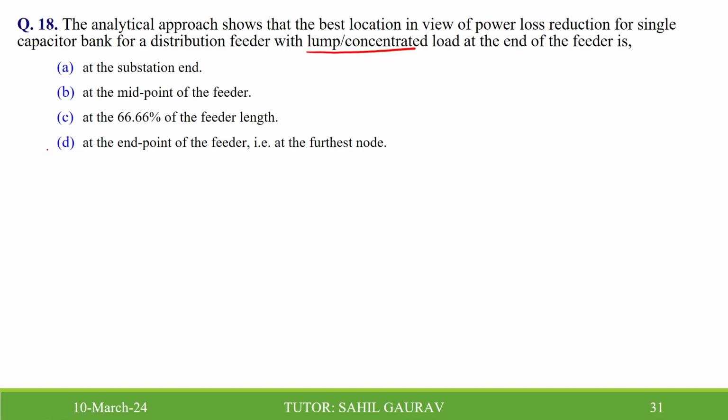Yes, correct. So there is no point. You just apply your common sense, because for lump concentrated load, the reactive power component of current at the sending point and at the receiving point, the last point, are the same. Therefore, this lambda will become 1, and this x1 optimal, we know, is 2/3 of 1 upon 1 minus lambda.